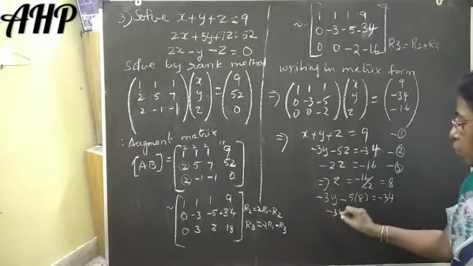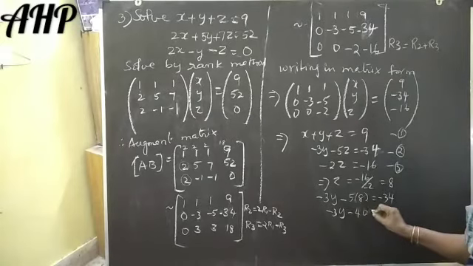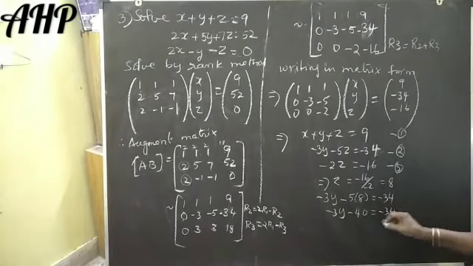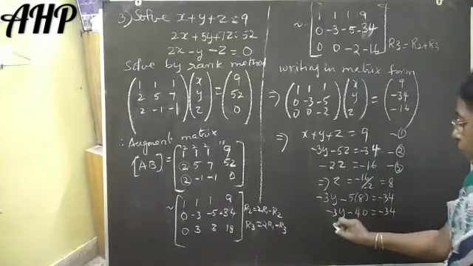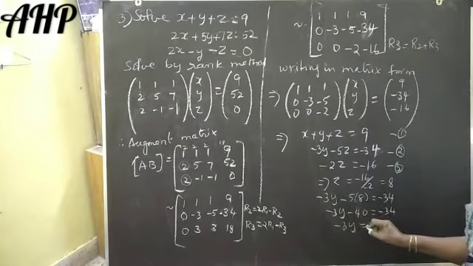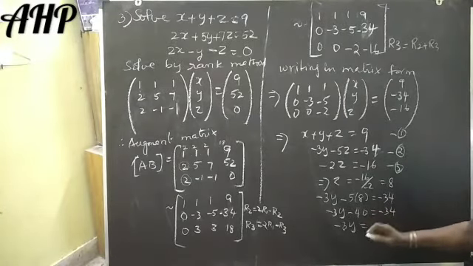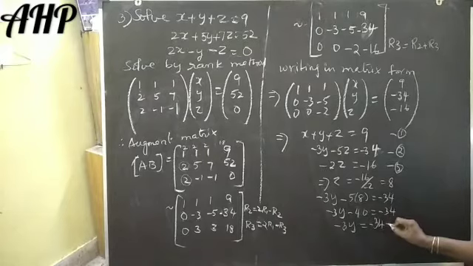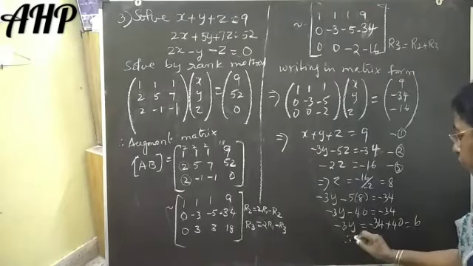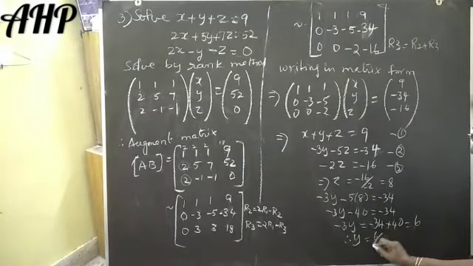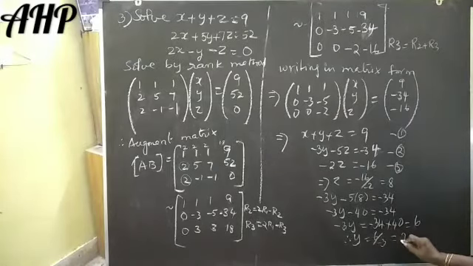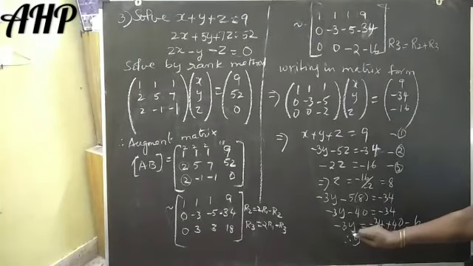So minus 3y minus 40 is equal to minus 34. Take this 40 to the other side. Minus 3y is equal to minus 34 plus 40, which gives you 6. Therefore, y is equal to 6 by minus 3, which gives you minus 2. Substituting, this is your y value.